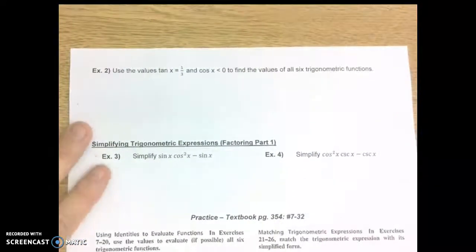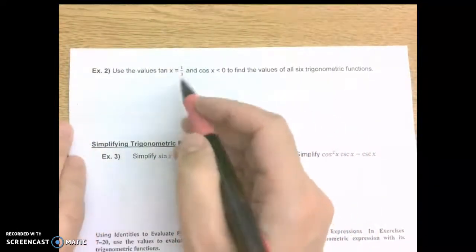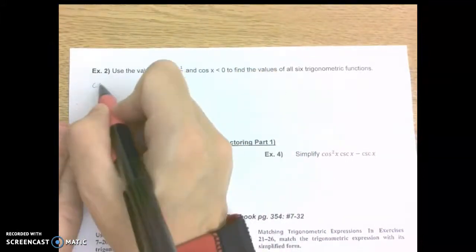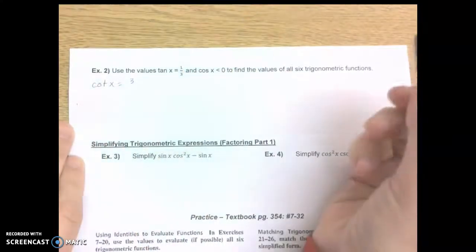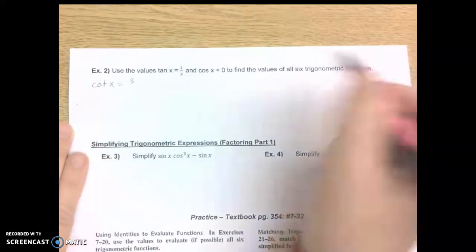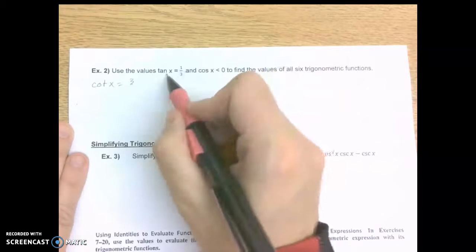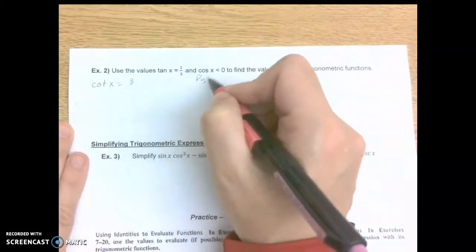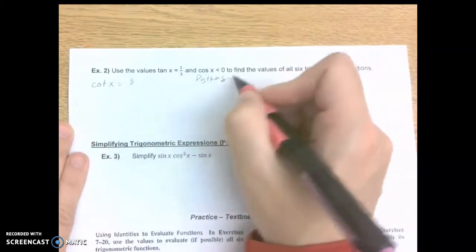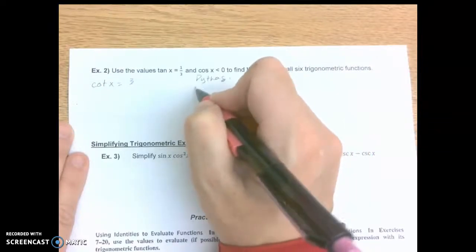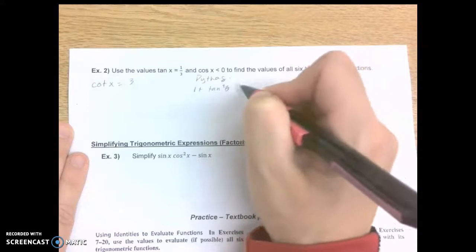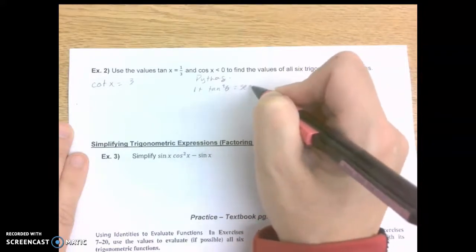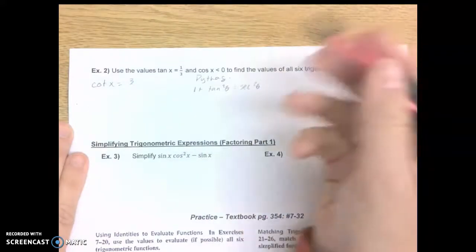Here's another. So we know that the tangent is 1/3. So I know immediately that the cotangent of x is going to be 3. Tangent, I can use a Pythagorean identity. And I can say, okay, 1 plus tangent squared theta, or x, is equal to secant squared theta.